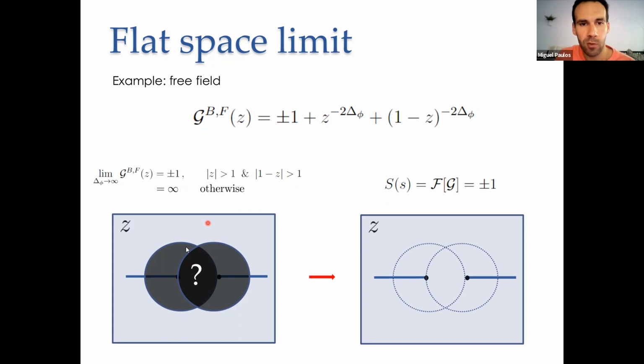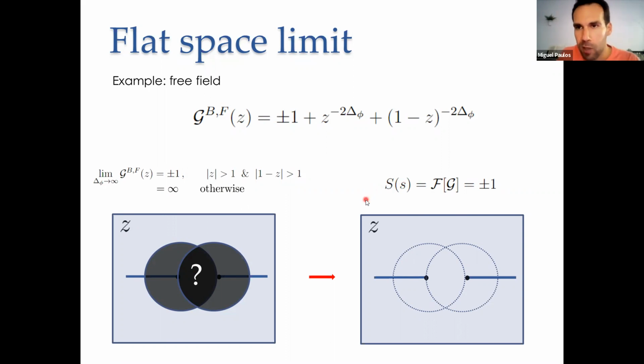Okay. So if you're outside these black disks defined by these inequalities, then you get a finite smooth limit. You get plus or minus 1. And here, well, you don't know what happens. So your job now is to analytically continue into the inside of these disks. And okay, in this case, it's trivial. It was just 1 on the outside, so you can just smoothly continue and you just get 1 everywhere. Okay, so two steps.